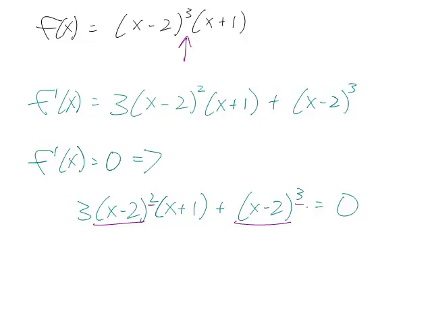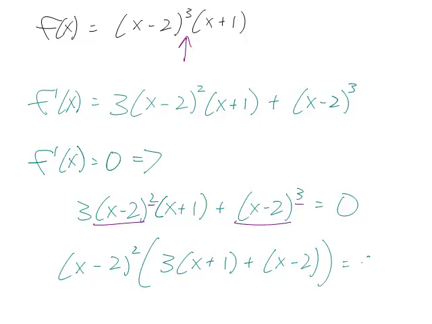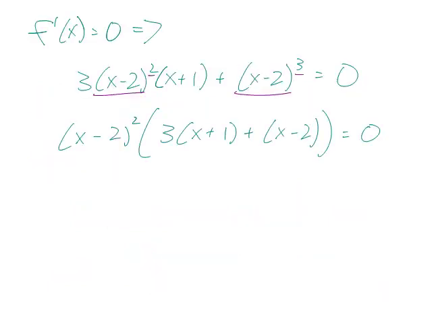The second term has more than that, but something will just be left over if we factor out (x − 2)². In the first term we're left with 3 times (x + 1), and in the second term we have 1 times (x − 2) left. This is good, we're factoring. And (x − 2)² is already factored, we don't need to do that.